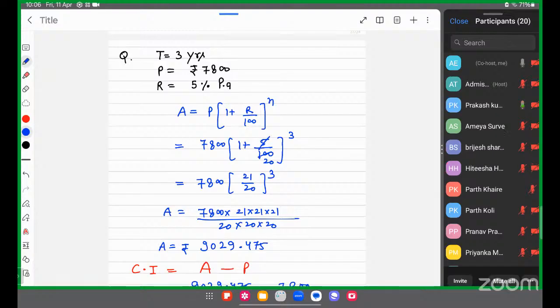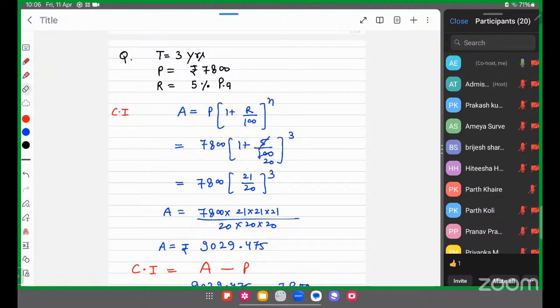Sir, this formula for overall amount. This is the formula for the overall compound amount.